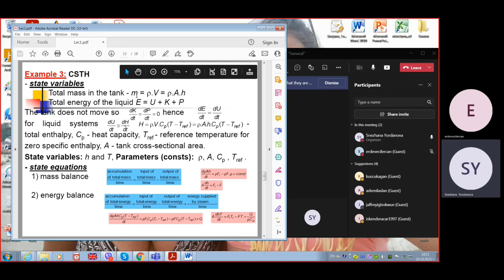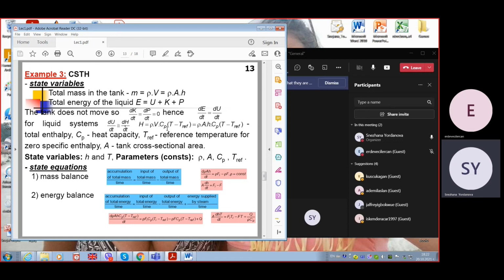So the mass in the tank, the energy changes due to changes of temperature, so changes of kinetic and potential energy is zero. The change of this total energy depends on the change of internal energy, which depends on the enthalpy where we see the presence of temperature.